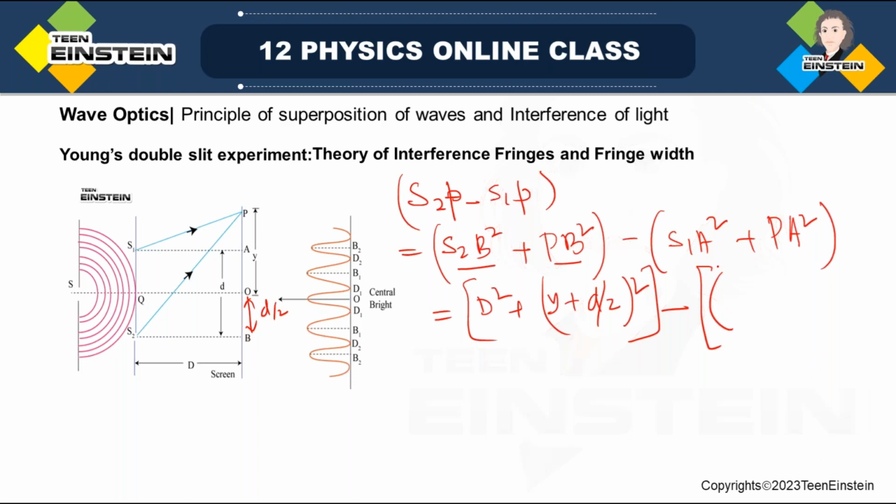S1A square. S1A square is equal to S1 square plus PA square. This S1A we can write directly D square, and this PA could be written as y minus d by 2 whole square.